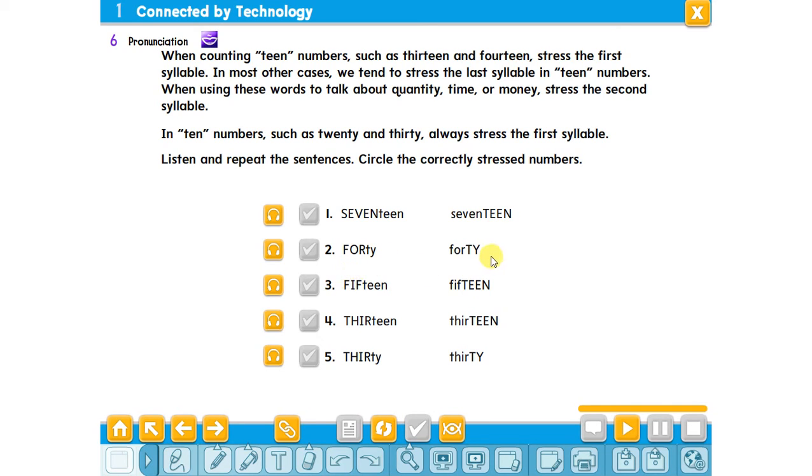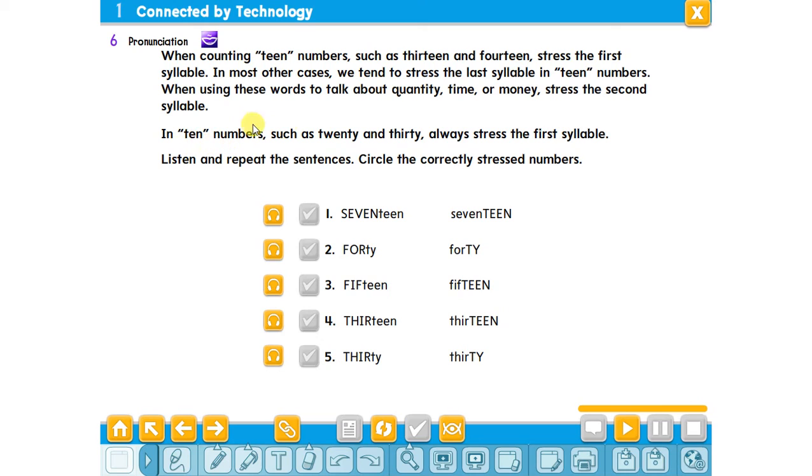In most other cases, we tend to stress the last syllable in teen numbers. When using these words to talk about quantity, time, money, stress the second one. In ten numbers such as 20, 30, always stress the first syllable.